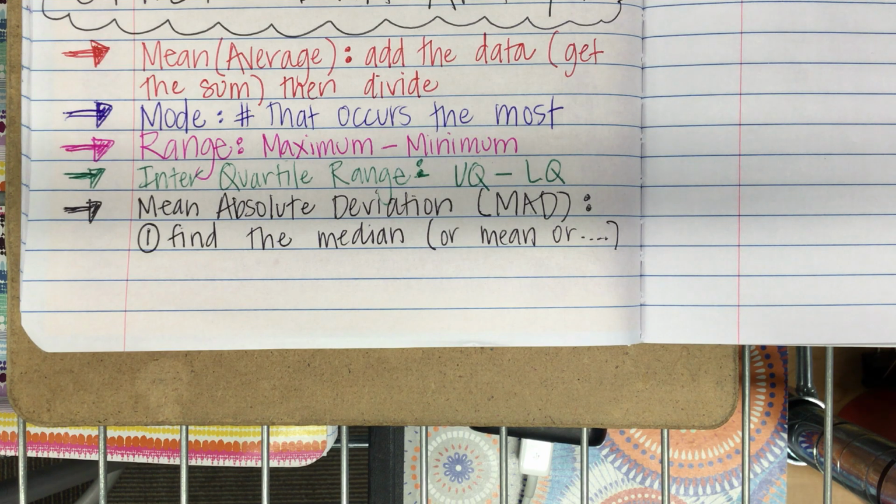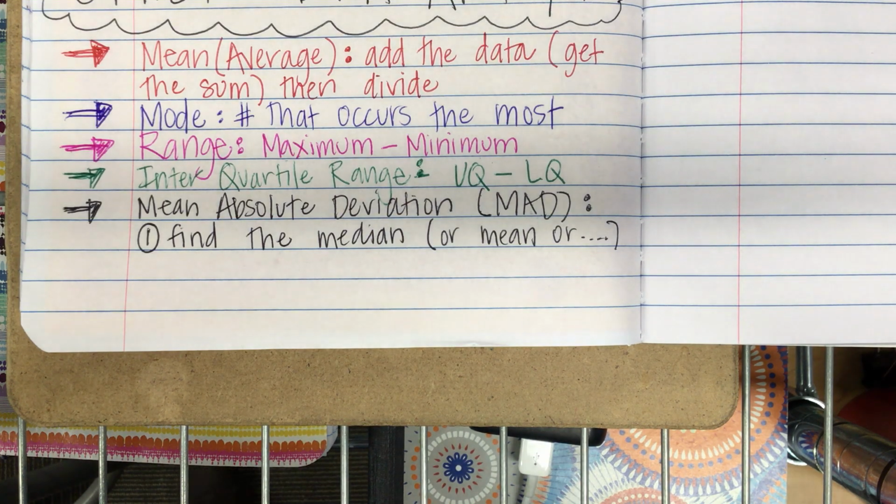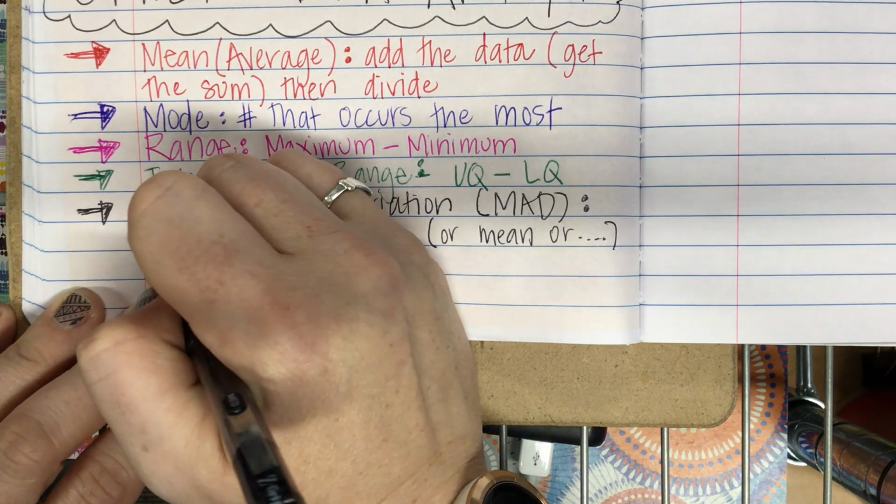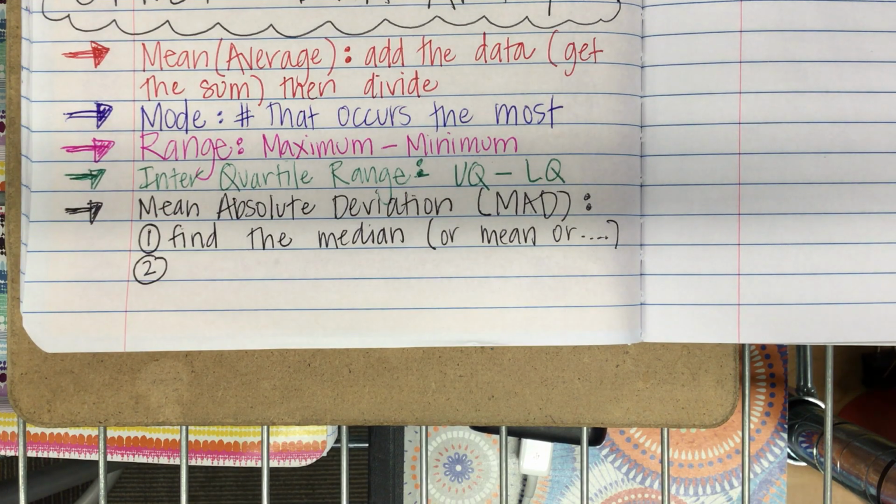We're going to do it for the median. But you could do it comparing to the average, the mean. So then what you do, we find the value that we're going to compare everything to. It's our perfect number.